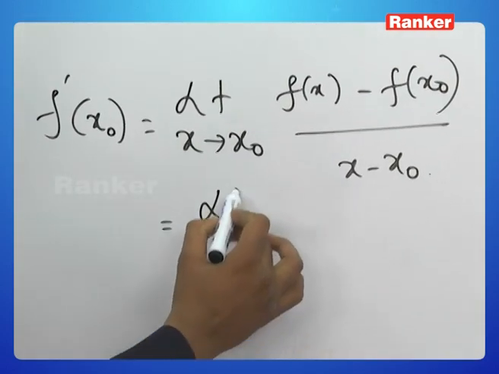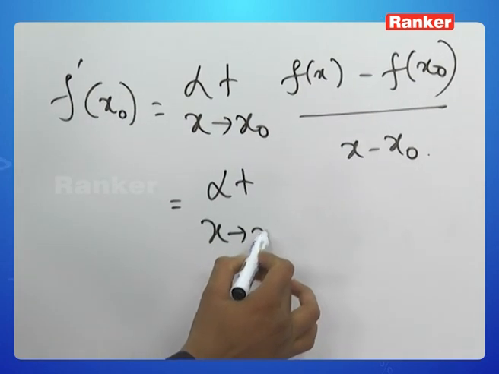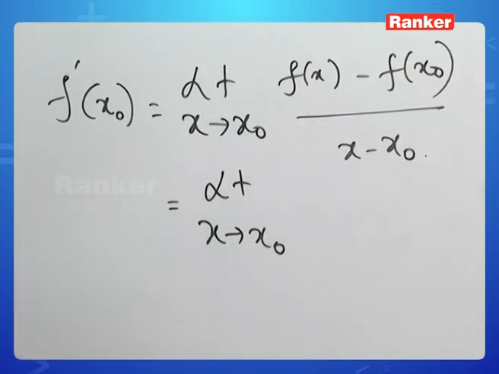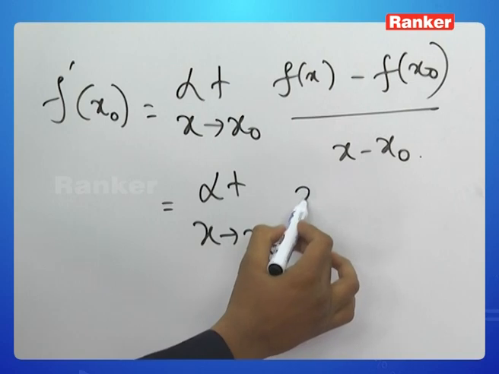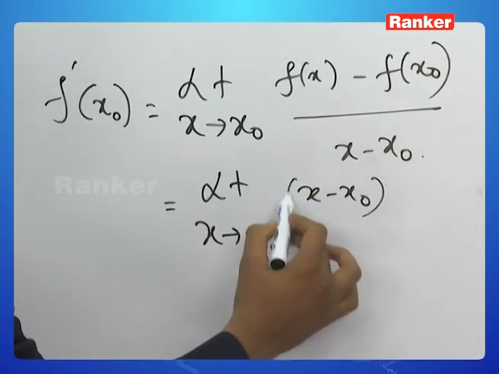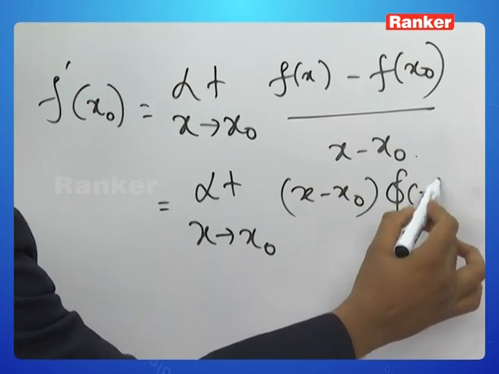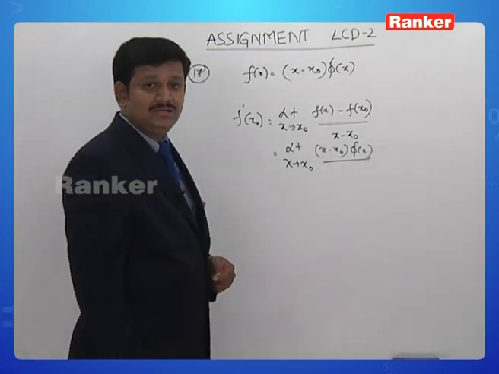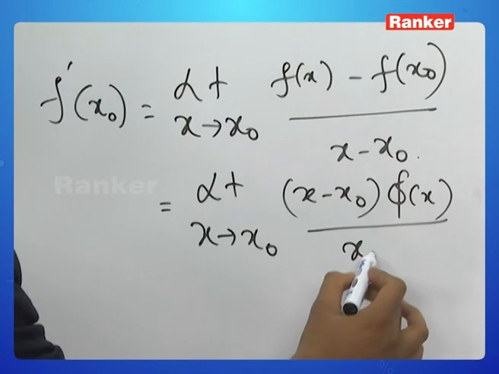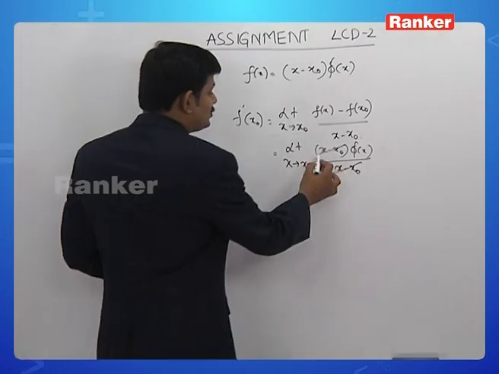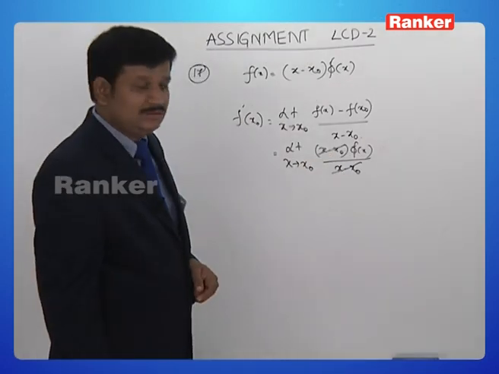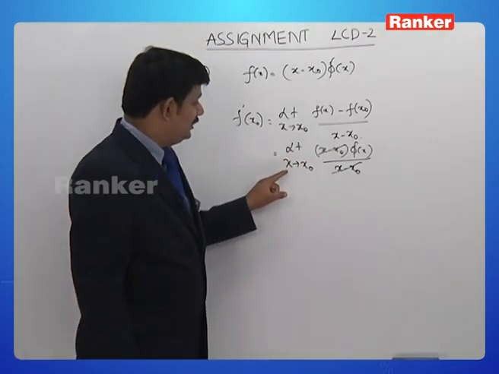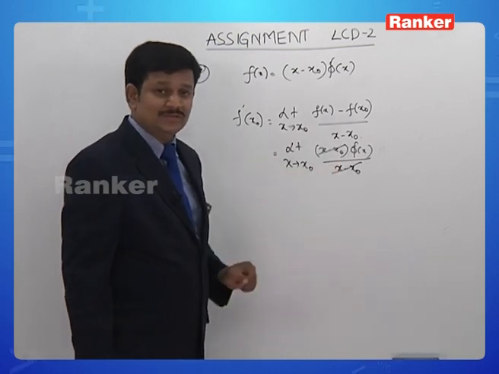So this limit can be written as the limit as x tends to x naught of x minus x naught into phi of x, divided by x minus x naught. Now, x minus x naught and x minus x naught get cancelled. We have the limit as x tends to x naught of phi of x.